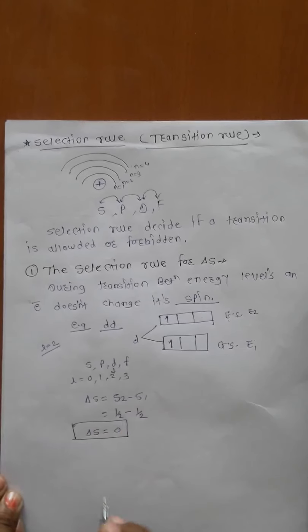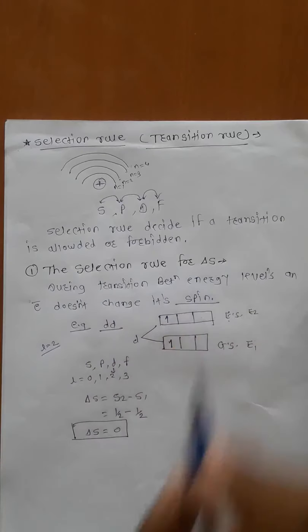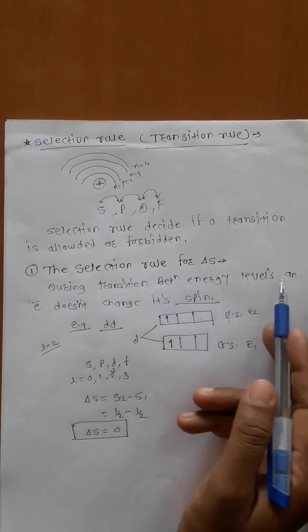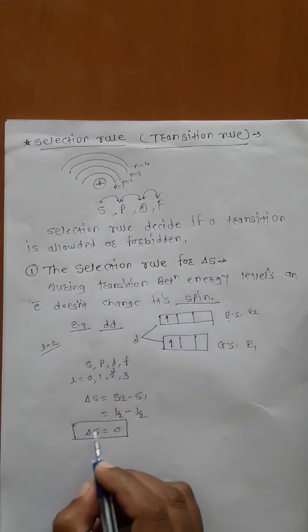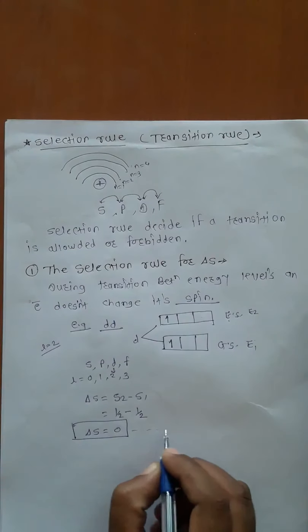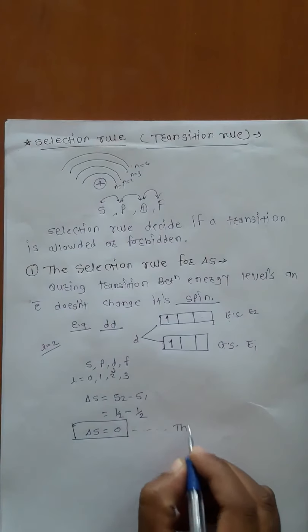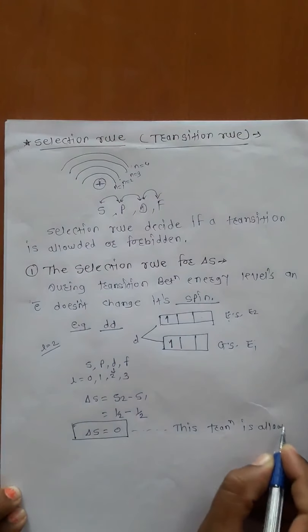According to the selection rule for delta S, the electron does not change its spin, so the value of delta S should remain 0. This transition is allowed.